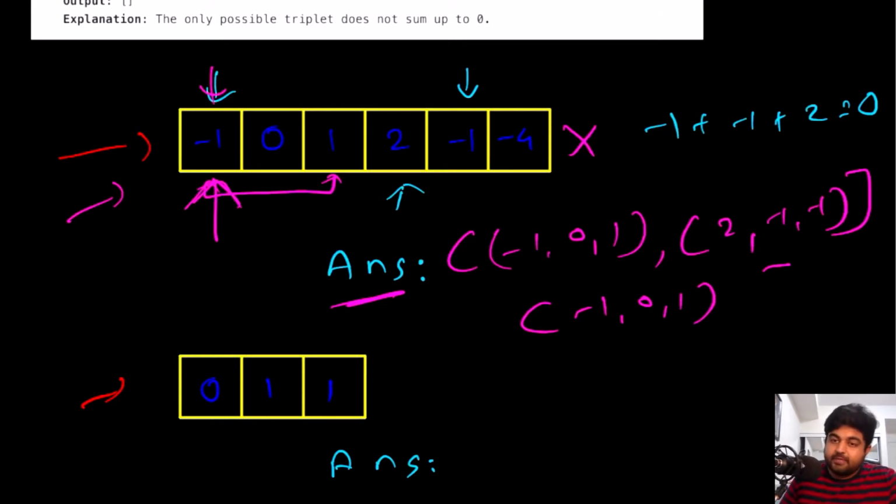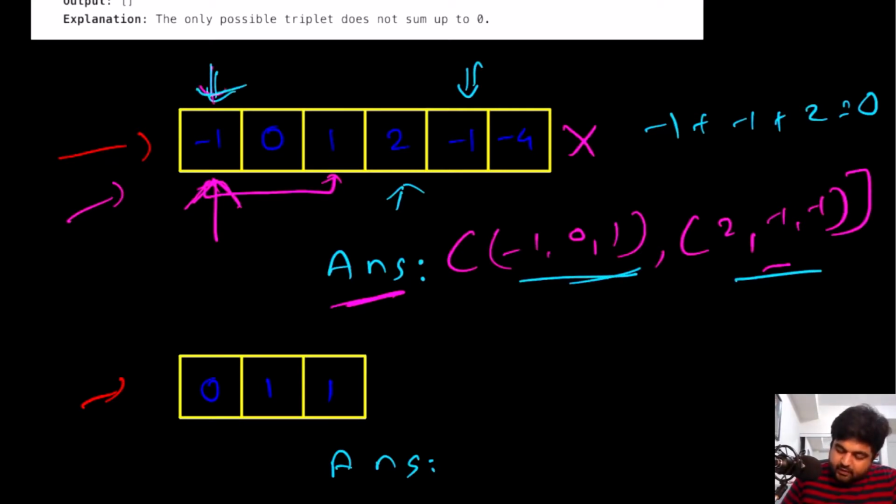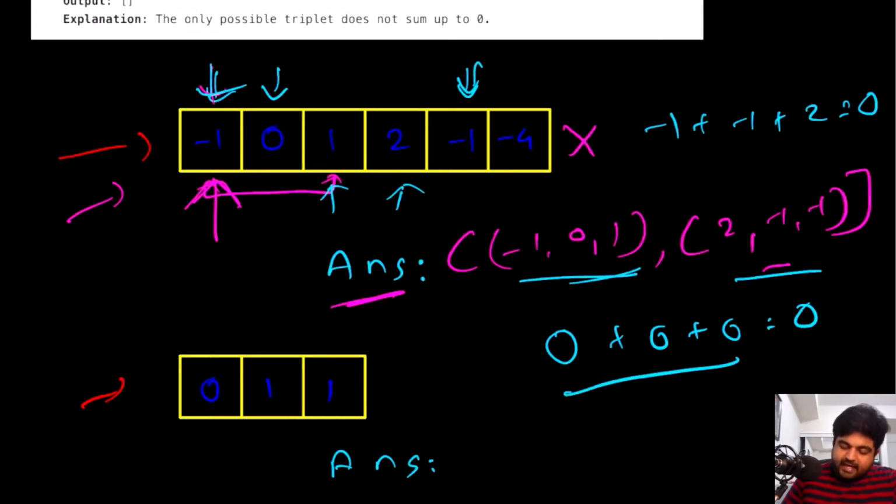This should not be the answer. So this is one of the conditions that is given. The second condition is that all the values of i, j and k have to be unique, so they are located at unique positions, because we cannot use the same value again and again. We cannot do something like 0 plus 0 plus 0 equals 0 and return that as the answer, because in this case we only have one 0, not three zeros. So just keep all of these things in mind.